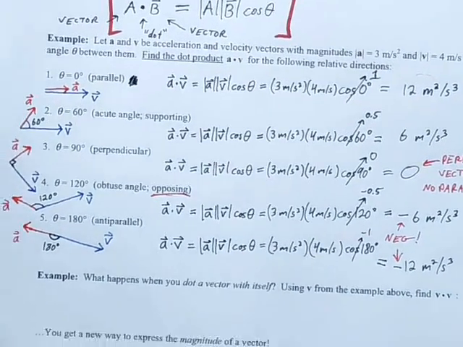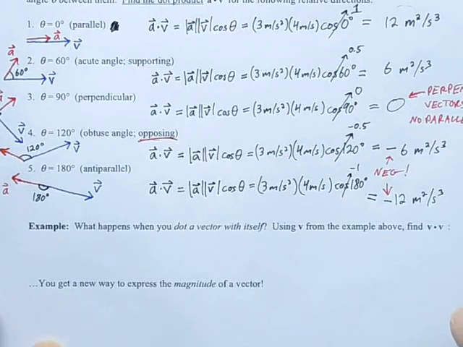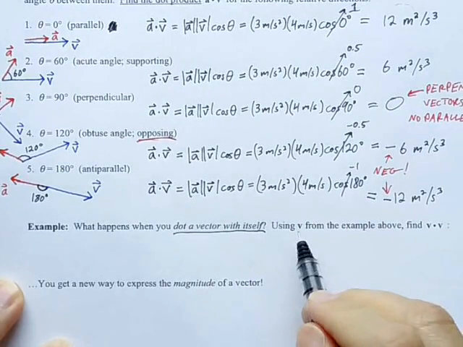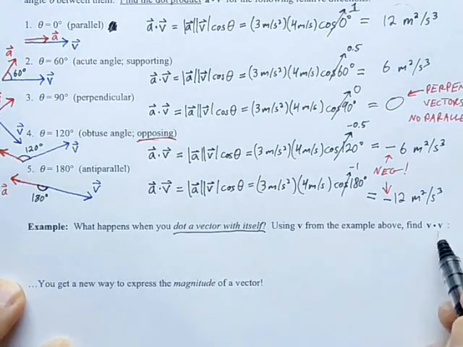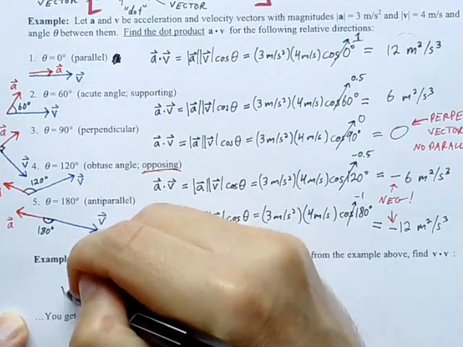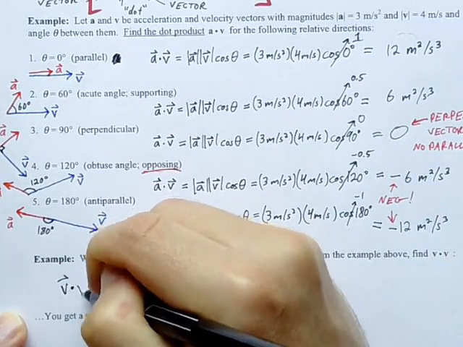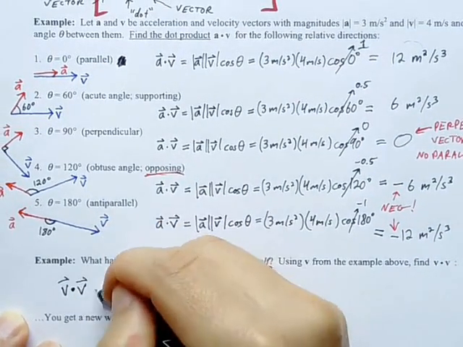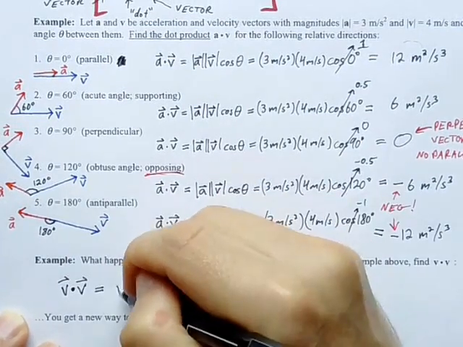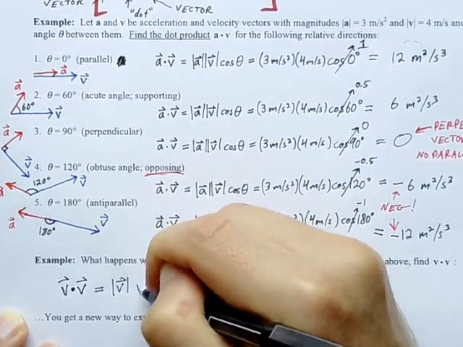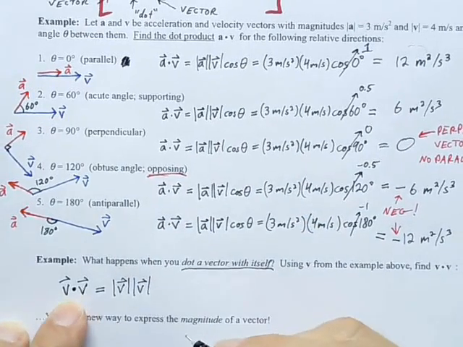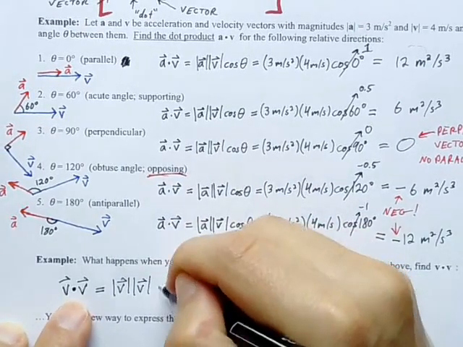Incidentally, what happens if you dot a vector with itself? Let's use the velocity from above to find v dot v. So v dot v, nice thick dot there for the dot product. By our definition, that would be the magnitude of v times the magnitude of v times the cosine of the angle between those 2 vectors. But the angle between a vector and itself is 0.